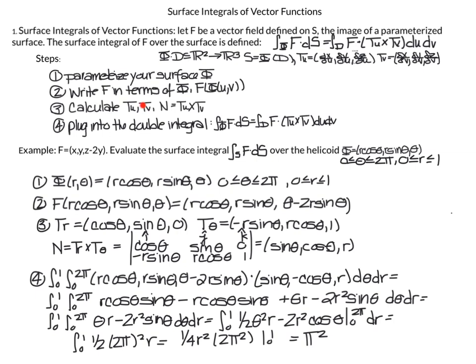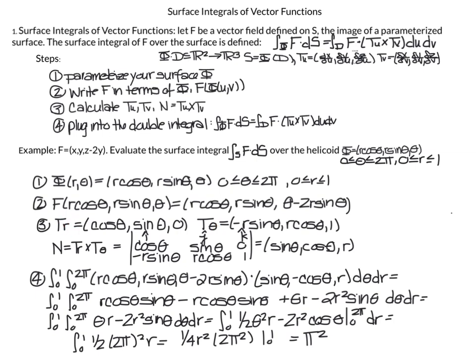The third step is to calculate Tu and Tv, and then the normal, which is Tu cross Tv. In this case, our phi is parameterized by r and theta, so we will calculate Tr and T theta.